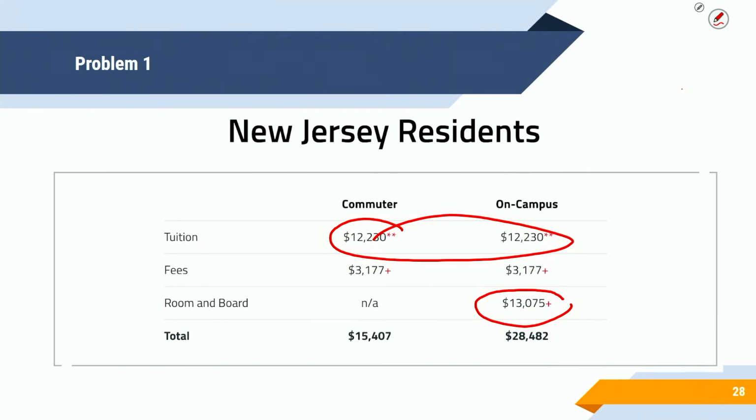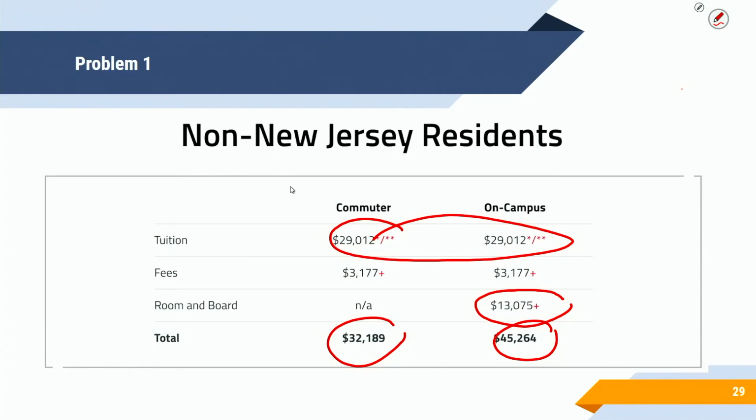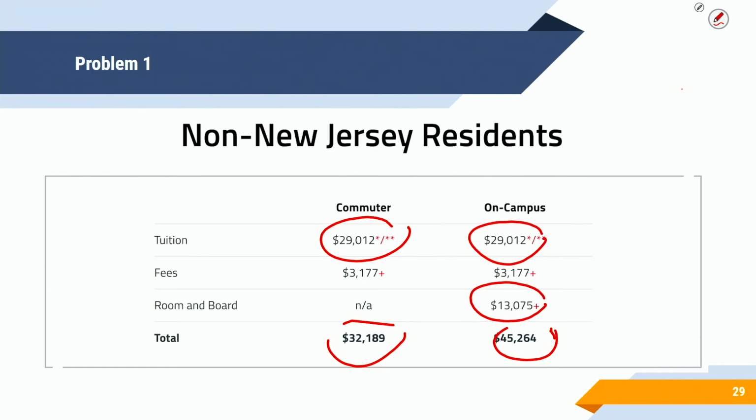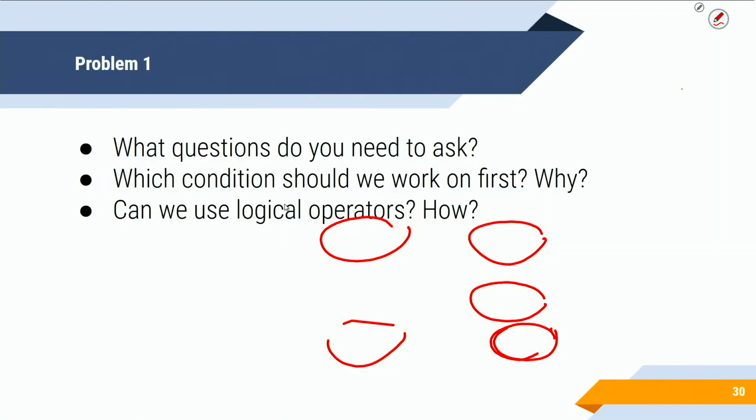You can combine that there. Or if you're not, then it would be that amount over here. If you are, it would be this amount. Also, another condition is if you're a non-New Jersey resident, and you're using room and board, then it would be this amount over here. So different possibilities here. Just think that life is a whole bunch of conditional statements.